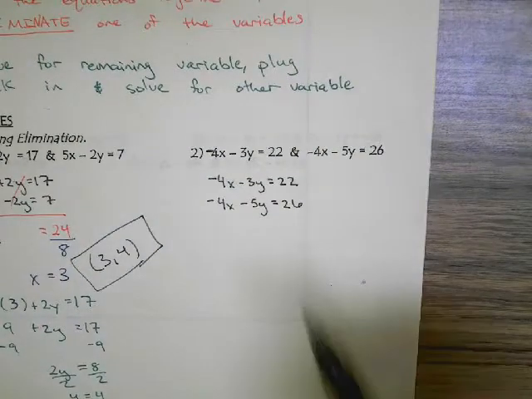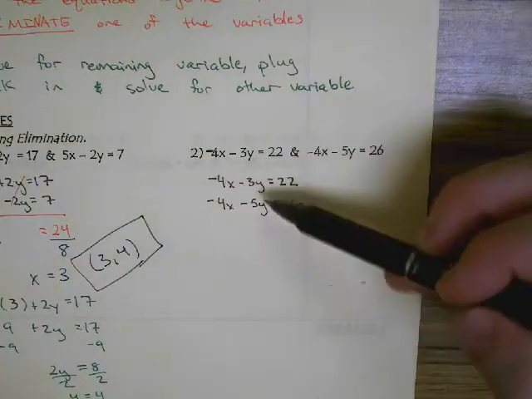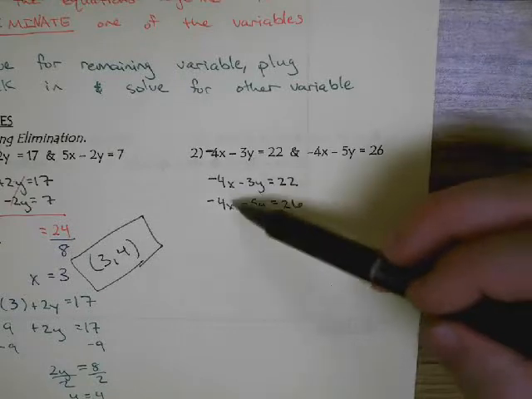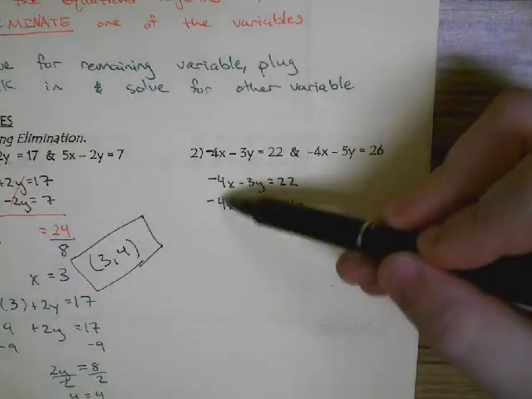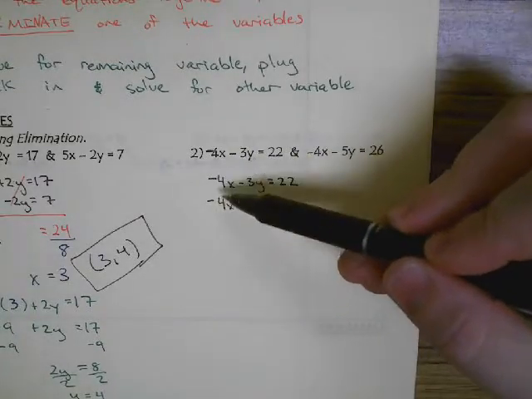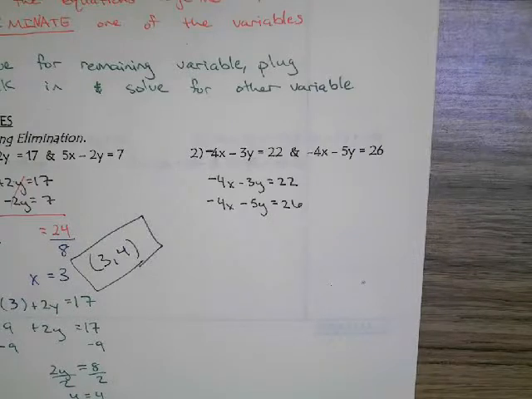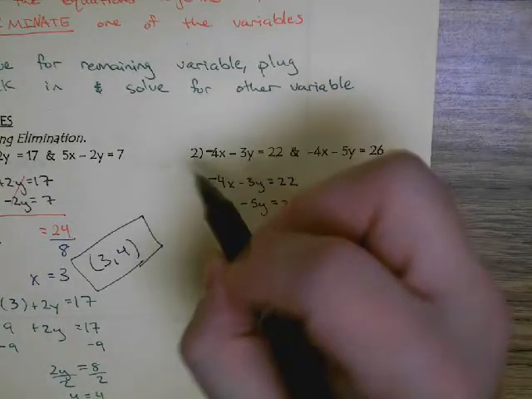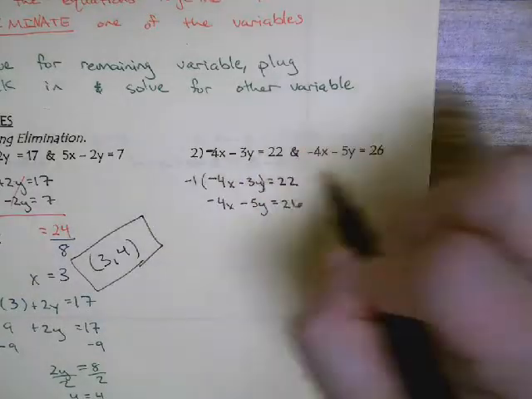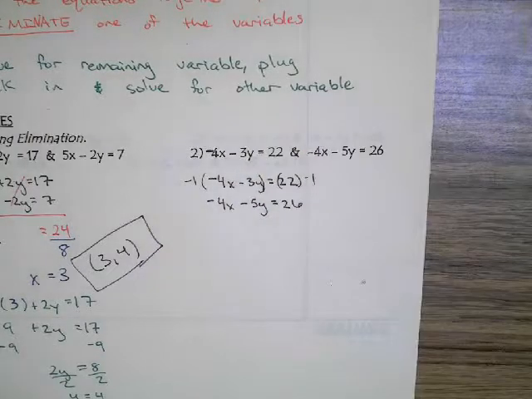And then my second equation is negative 4x minus 5y equals 26. So as my first step, write them vertically, aligning my like terms. My x's are aligned, my y's are aligned, and my constants are aligned. Now they both have 4, they're matching, but they're not opposite. I need them to be matching and opposite. So what we can do is distribute a negative 1. That means I'll multiply everything in one of the equations by negative 1.